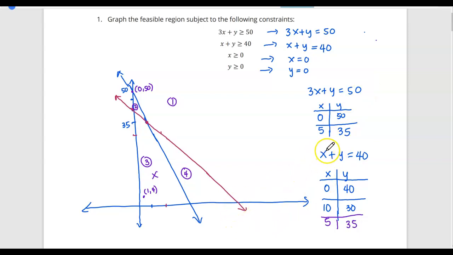And this red line here is this line here. And this is the x-intercept, the value of x when y is 0. So when y is 0, x is 40. So this one is (40, 0). Now we can pick a number.